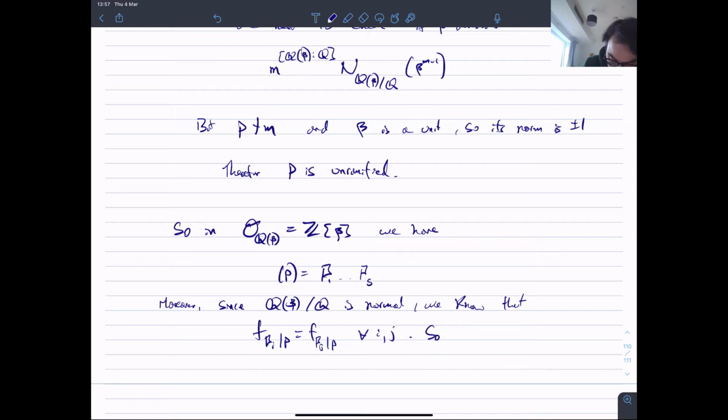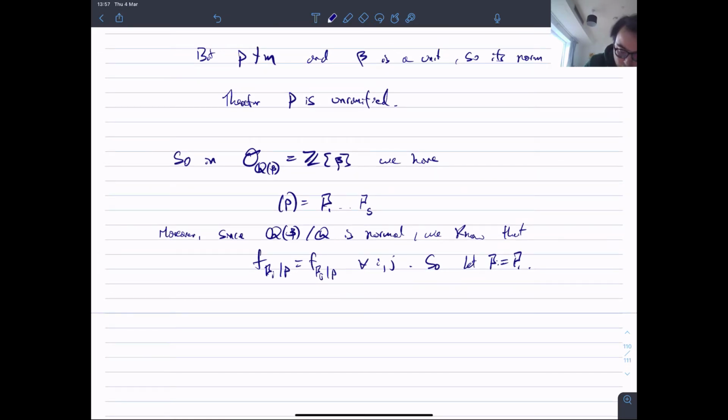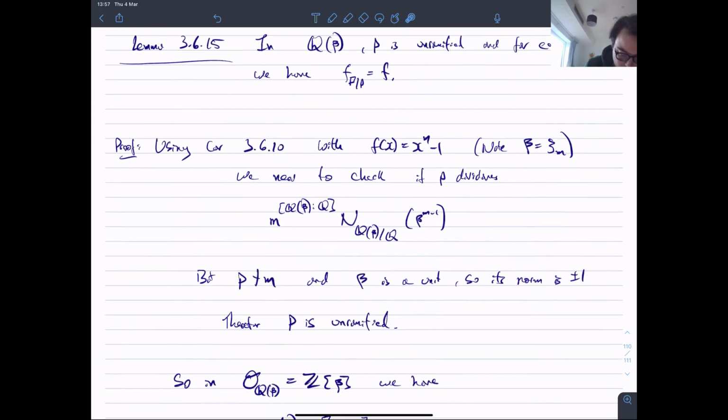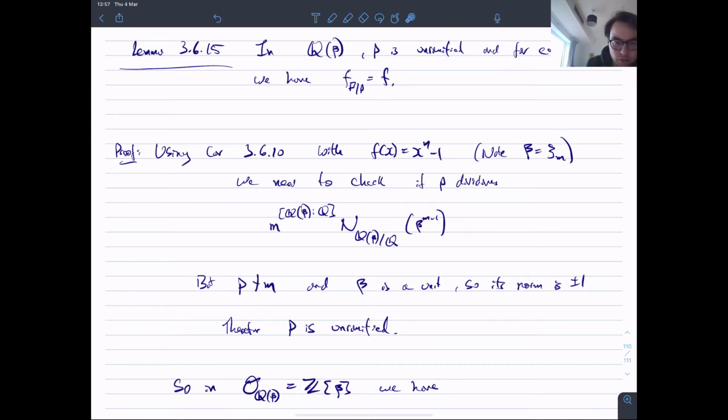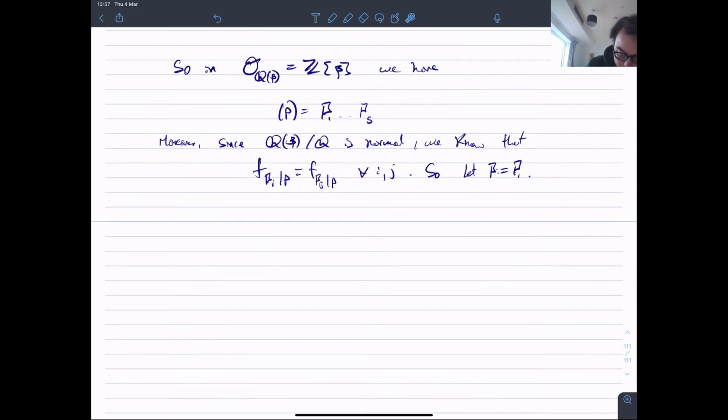So I'm going to give a name for the first prime: let P be P1. These are all the same, so I need to check that one of these is this number f, the multiplicative order of p mod m. So we need to check that this residue degree equals f.